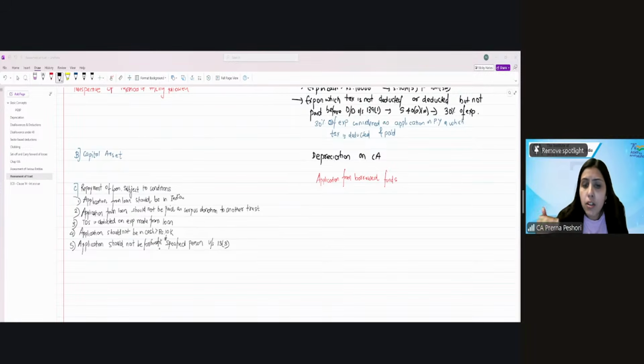And the repayment of the loan is made within a period of 5 years from the end of the year in which the application was made from the loan.